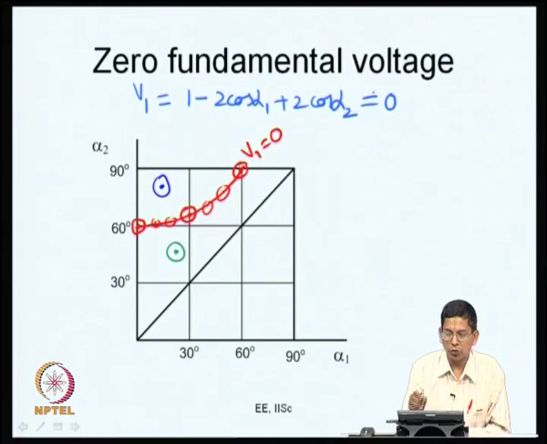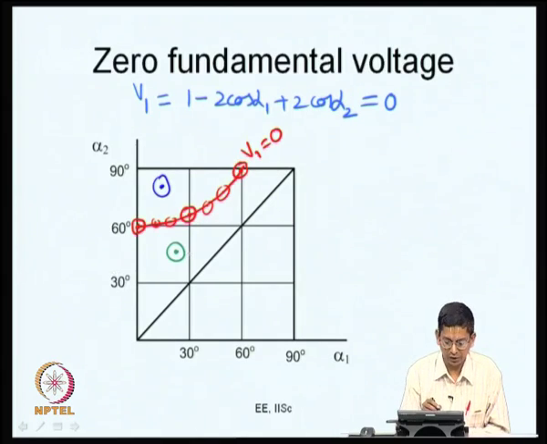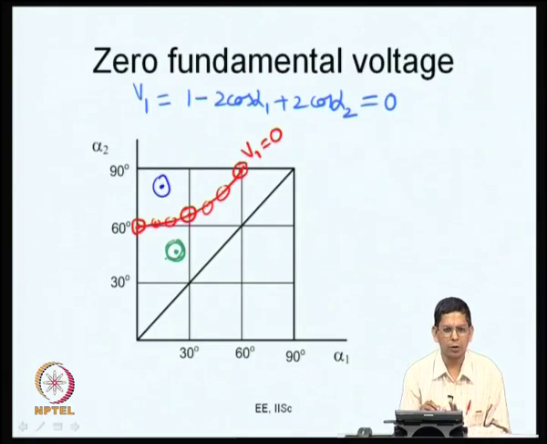So, why we consider 0 fundamental voltage is, there is a kind of continuity in the properties here. Now, let us say you consider this waveform that I have given here. If the waveform has certain spectral properties at that point, in the neighborhood of that point the spectral properties are going to be quite close to it. Let us say the fundamental component of this point that I am indicating here is 0.4 per unit, and if you consider somewhere in the vicinity of this, very close to it, again it will be very close to 0.4, slightly higher or slightly lower than 0.4.